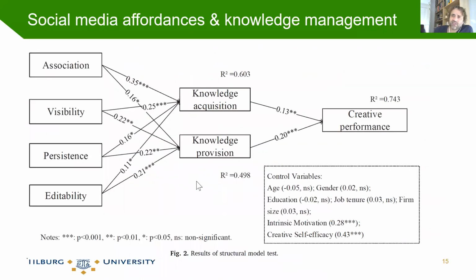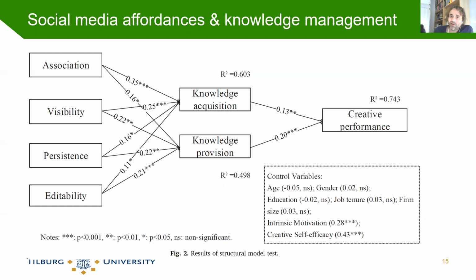And of course, this paper has a lot of drawbacks because it's all based on perception of people and not on actual use or actual affordance of social media, but only perceptions. But still, they find that, okay, if you are able as an organization to support knowledge management with the affordance of social media, that would help people in sharing, acquiring knowledge, and in their performance.